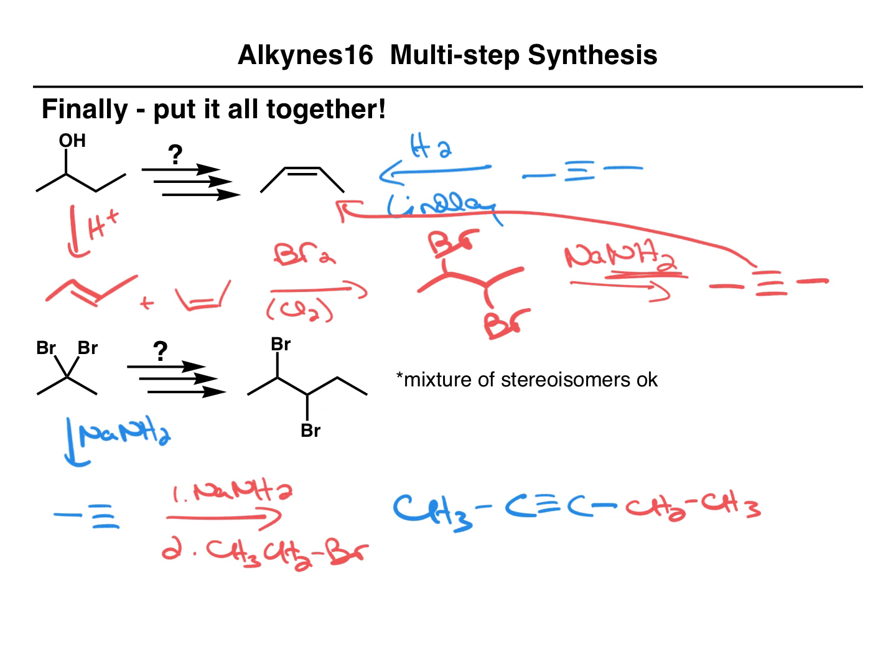There are actually a few different ways that we could do this. We could, for example, treat this with hydrogen and Lindlar's catalyst, and that will give us the cis alkene. Or we could do sodium metal and ammonia, and that would give us the trans alkene.